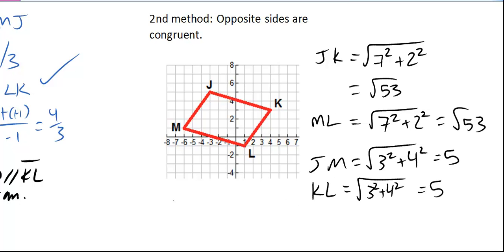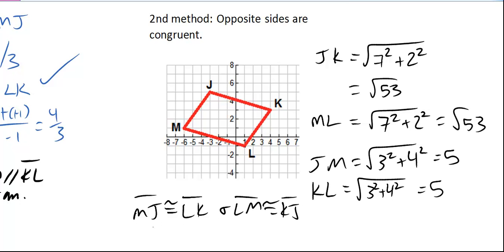So I've shown now, I'd have to make some sort of statement now. I would say MJ is congruent to LK and LM is congruent to KJ. Therefore, opposite sides are congruent, and this figure is a parallelogram.